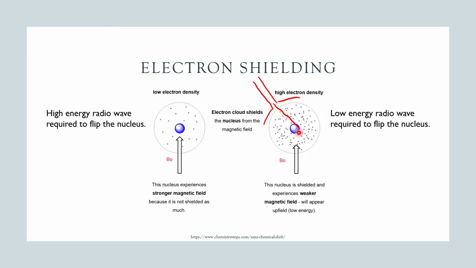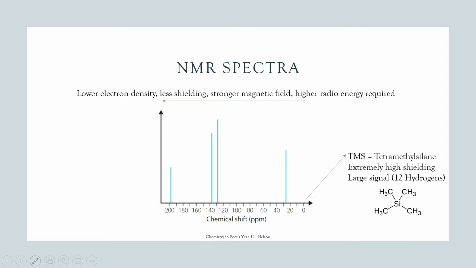Conversely, if we have a nuclei that has really high electron density that's blocking a lot of the magnetic field from the electromagnet, there's going to be a weaker magnetic field that's being experienced, meaning that you won't need a high energy radio wave, but instead can just use a low energy radio wave to actually flip that nucleus. And as a result, we end up with an NMR spectra that might look something like this.